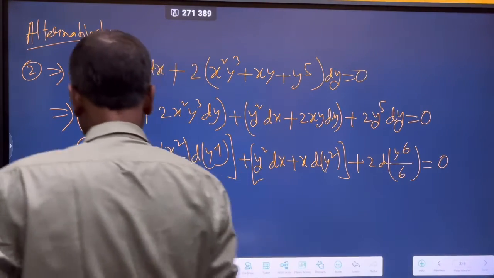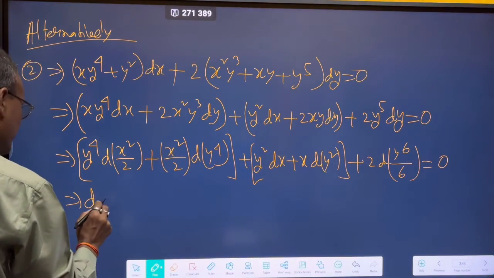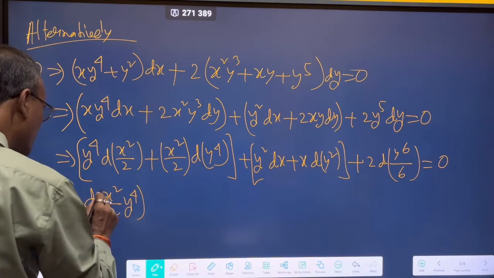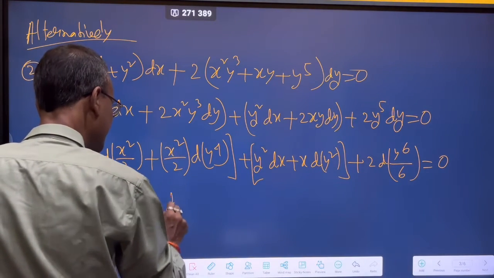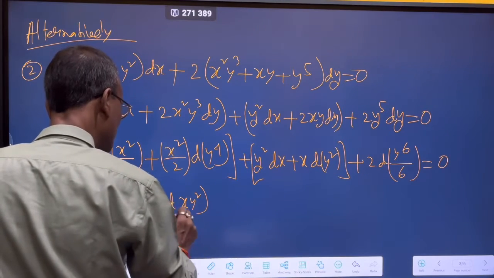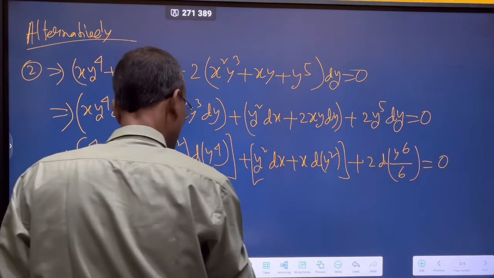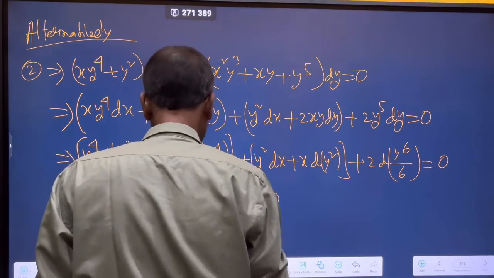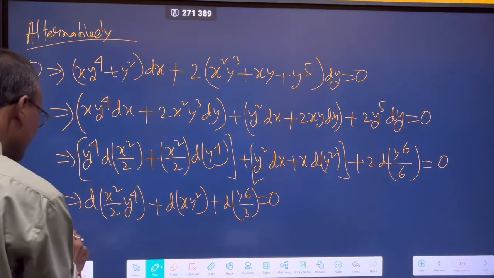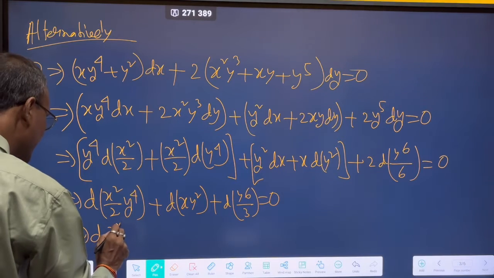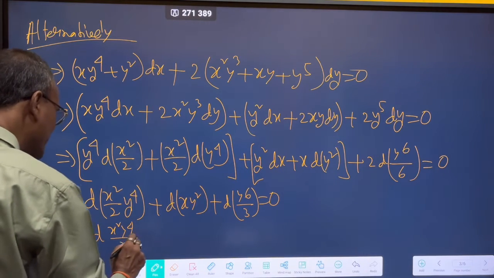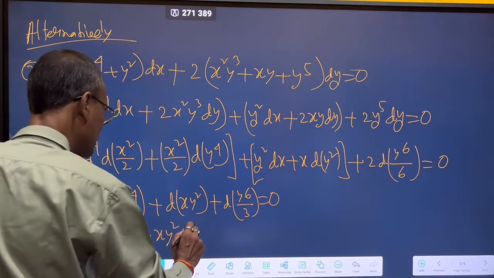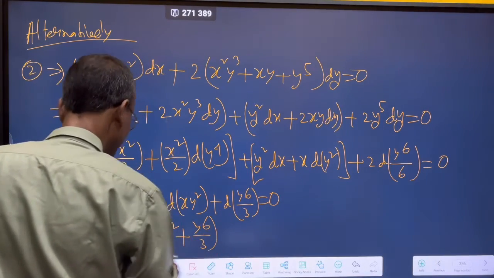Or d of x square by 2 y to the power 4 plus d of x y square plus d of y to the power 6 divided by 3 equal to 0, or you may write d of x square y to the power 4 divided by 2 plus x y square plus y to the power 6 divided by 3 equal to 0.